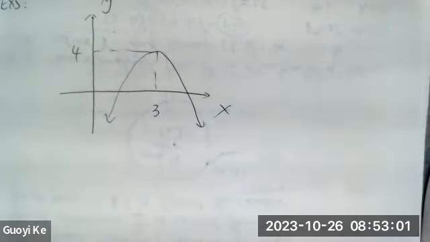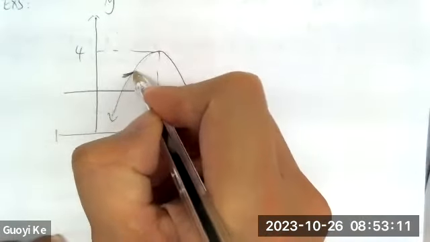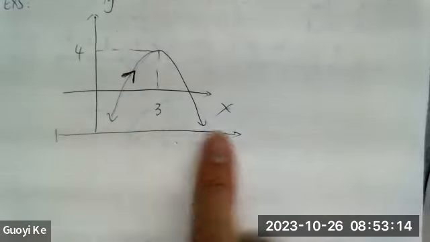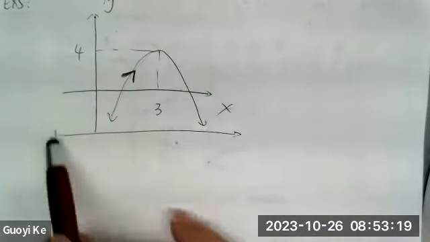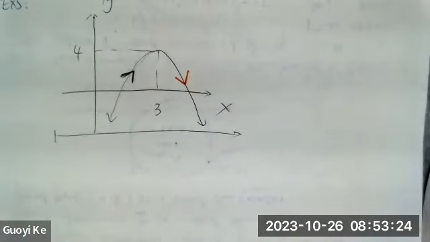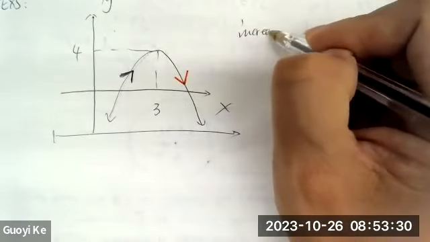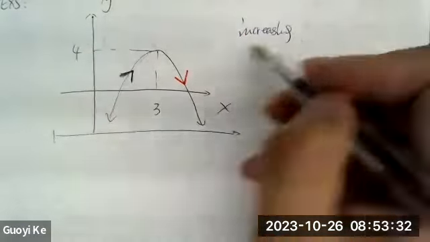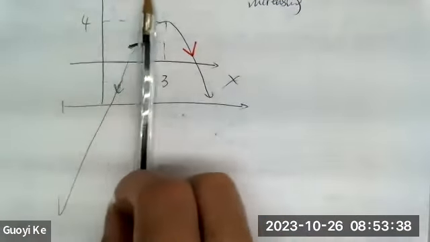I think most of you guys should get it, right? From left to right, we find this curve is going up. From left to right, the curve is going up, and from here to here, the curve is going down. So now you can write down the increasing: it is from negative infinity to 3.